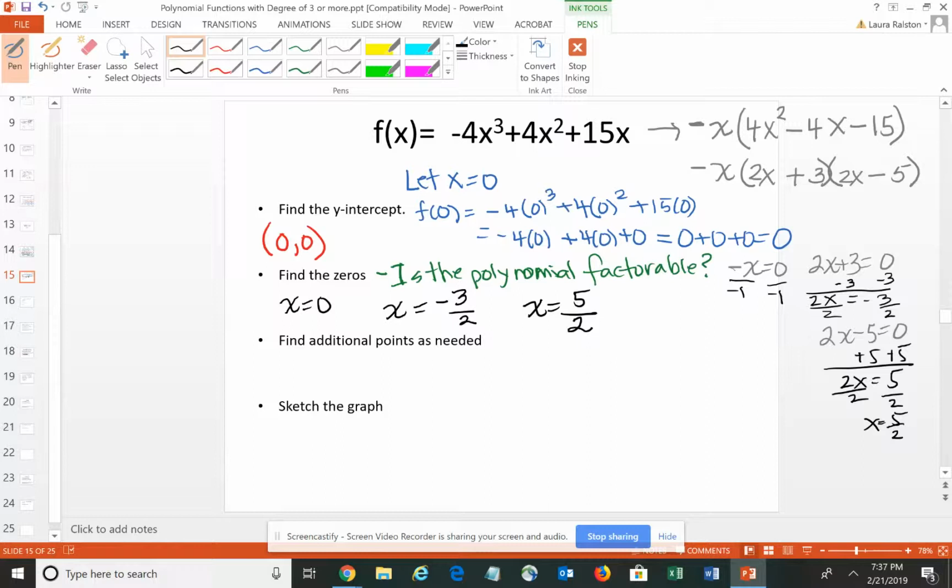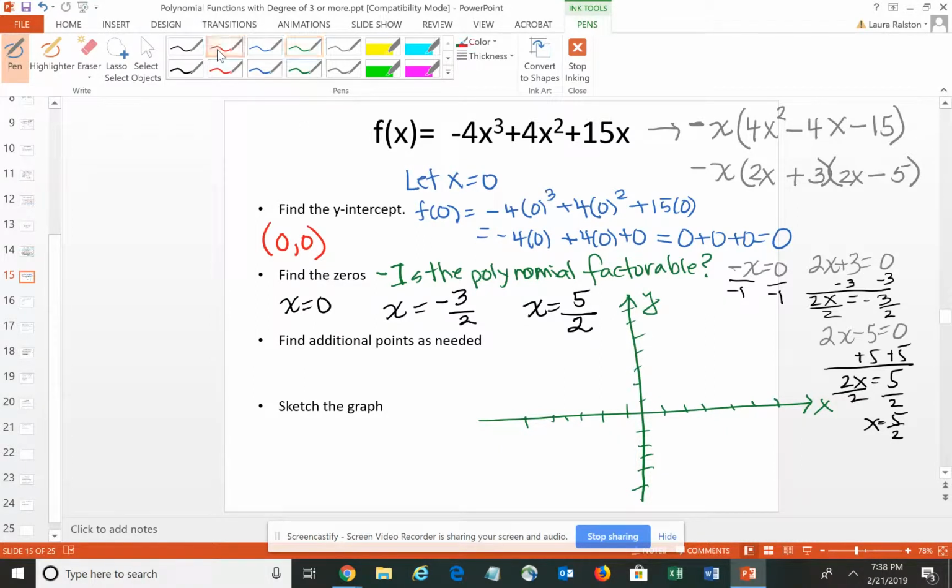Okay, then eventually what I want to do with all this information is try to create just a basic idea of what this particular polynomial function would look like. So I'm going to rough sketch it here. All right, so let's see.